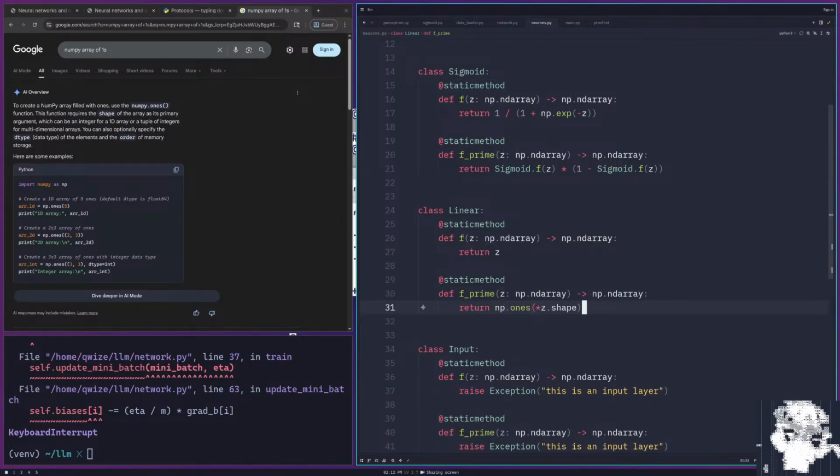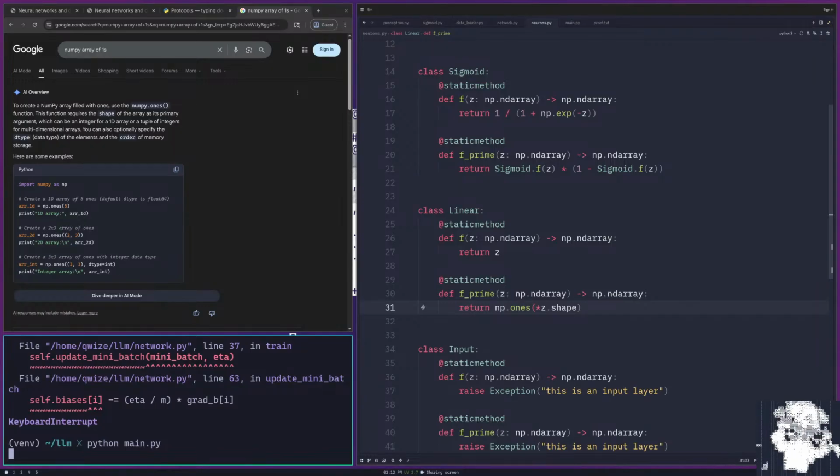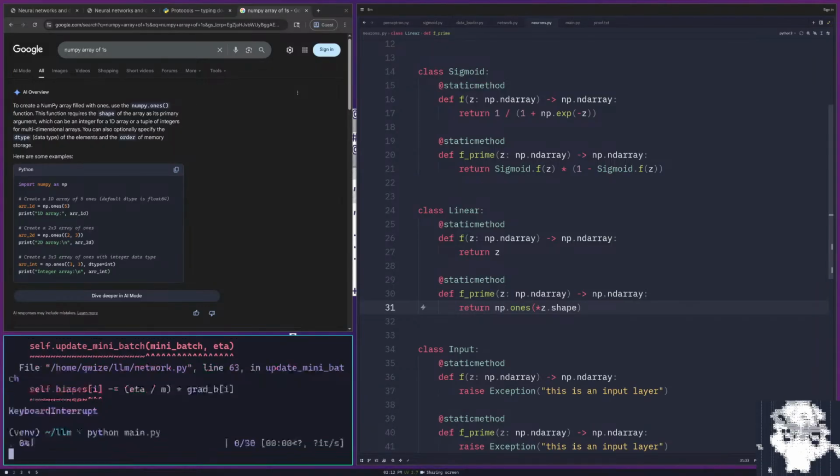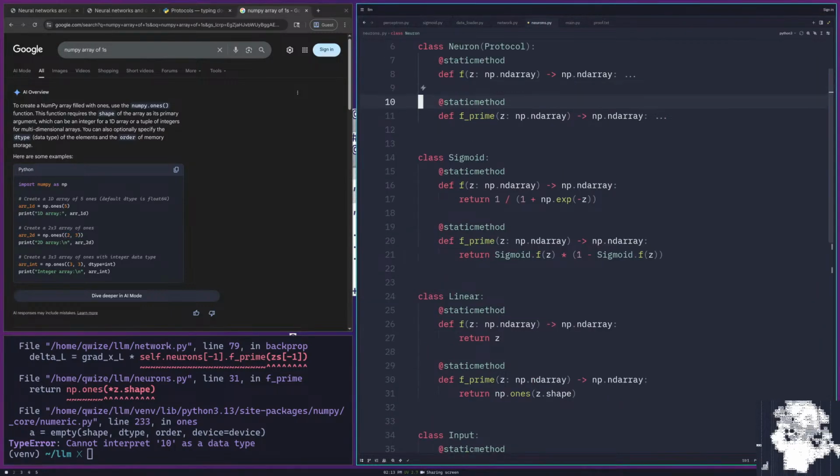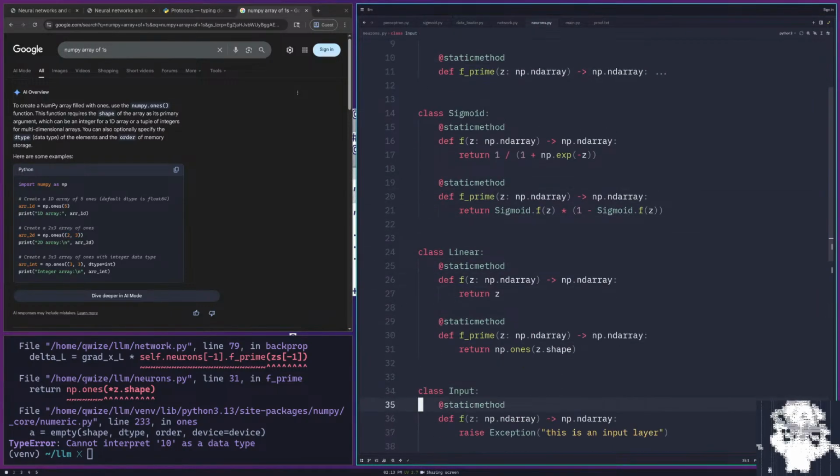Do I have to unpack this? No. Yeah, it looks like I shouldn't have to unpack it because in the example here it takes a tuple.